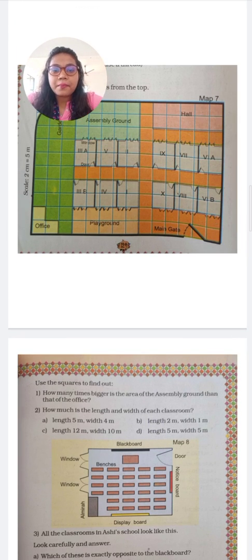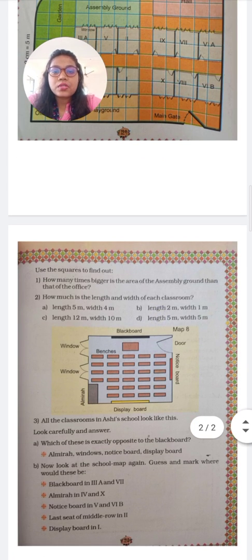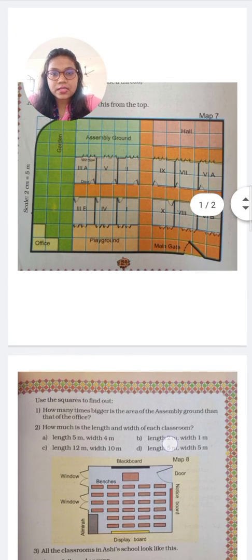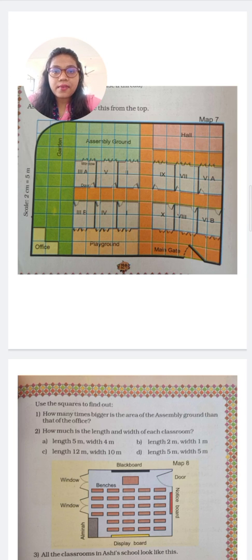Now here are certain questions that you have to answer from the map. Use the squares to find out how many times bigger the area of the assembly ground is than that of the office. First of all, you have to find where the assembly ground and the office are. All the components of the school are mentioned with different colors.